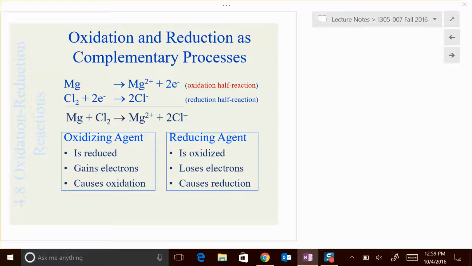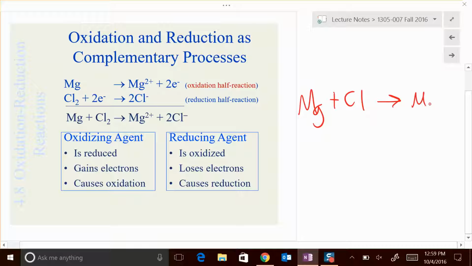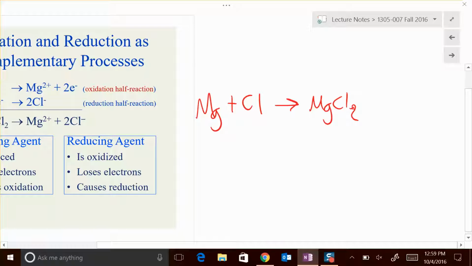So we need to be able to label everything. So let's just say this is the reaction. Magnesium plus chlorine to form magnesium chloride. Well, I guess I will write it out as Mg 2+ plus 2 Cl minus. Okay? So this is the reaction.